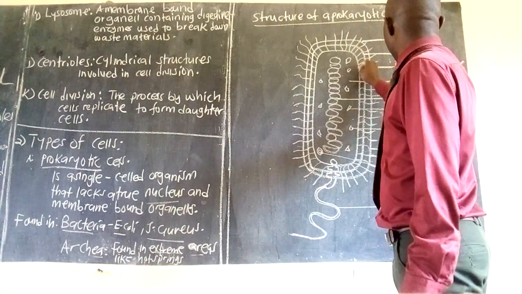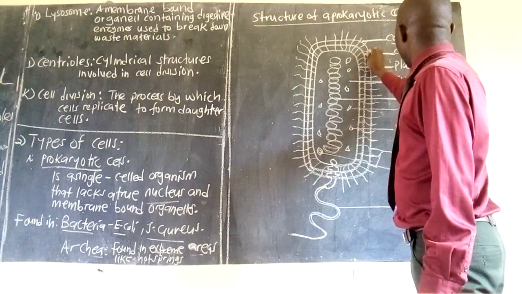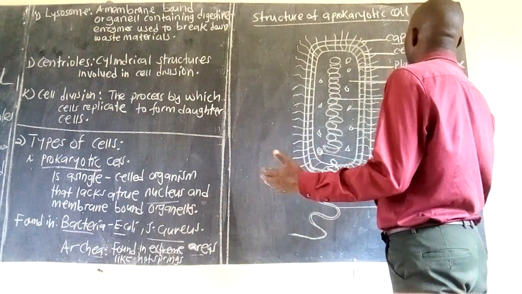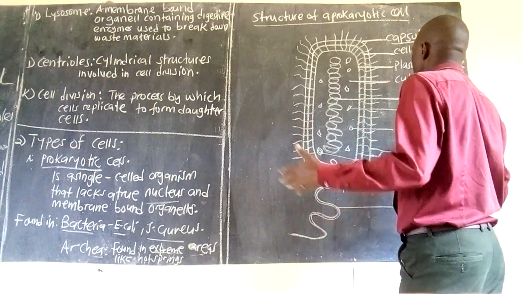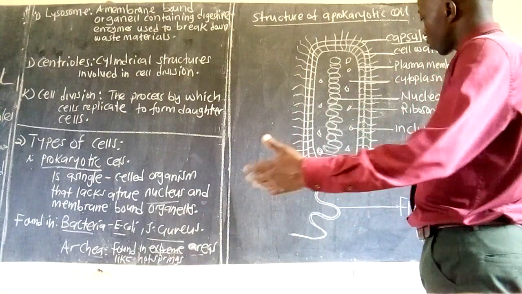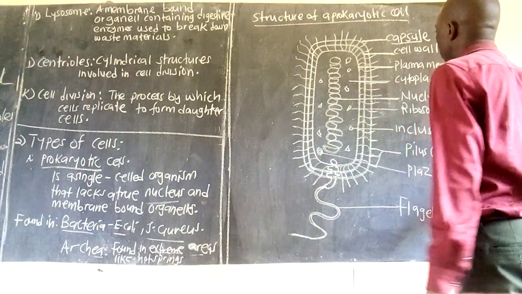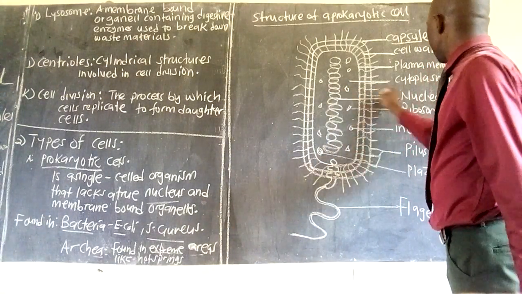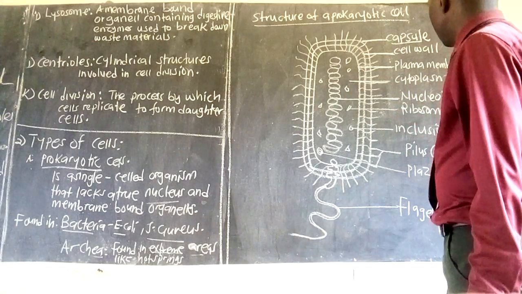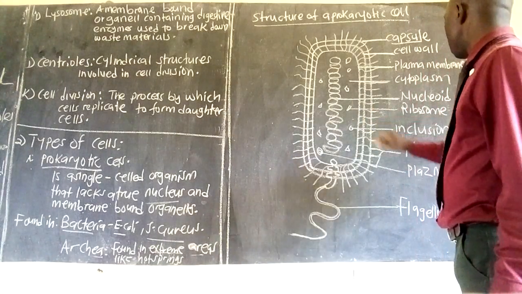which is the genetic material of this prokaryotic cell. The plasma membrane controls movement in and out of the cell. The cell wall covers the cell components and also prevents loss of the internal components of this prokaryotic cell to the external environment. The nucleoid holds the genetic material. It also has the ribosomes, which are for protein synthesis.